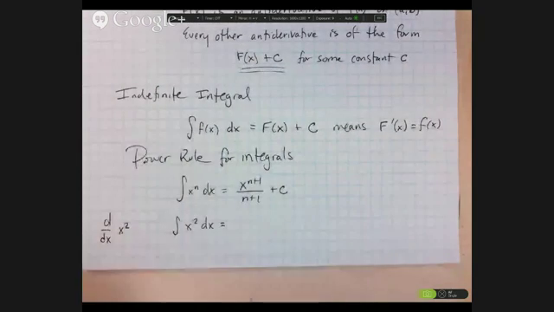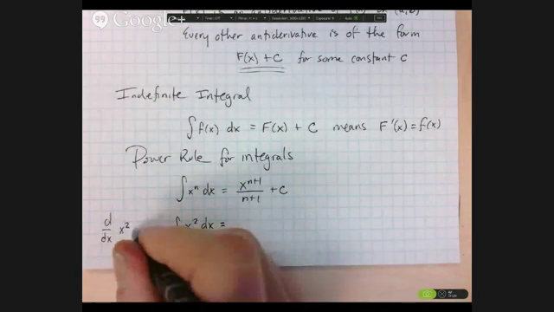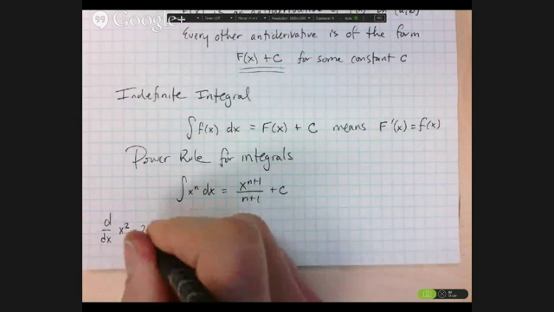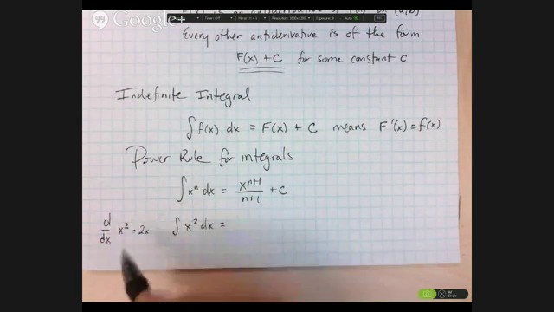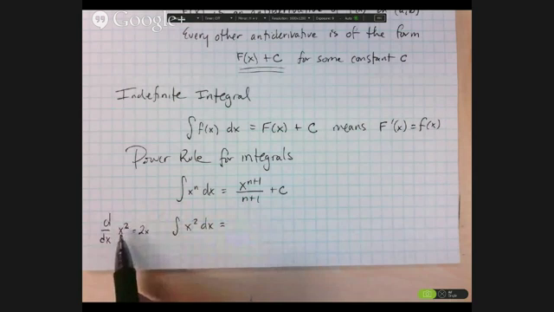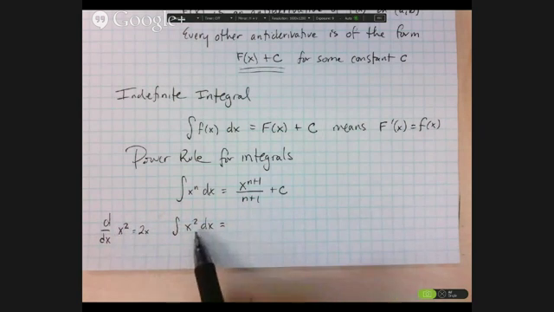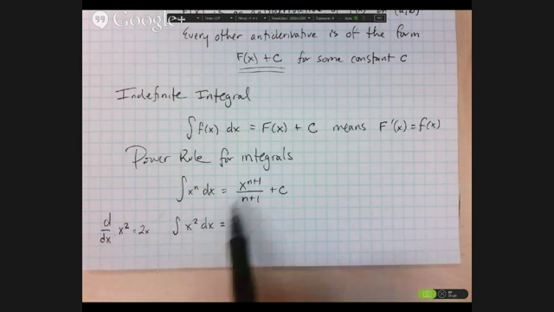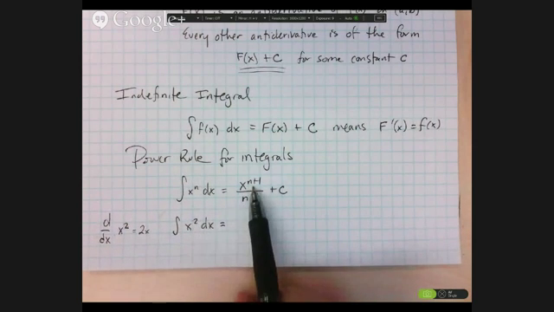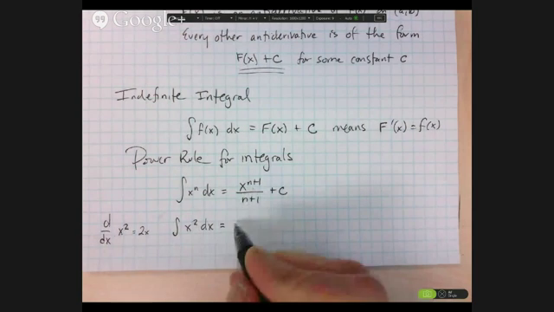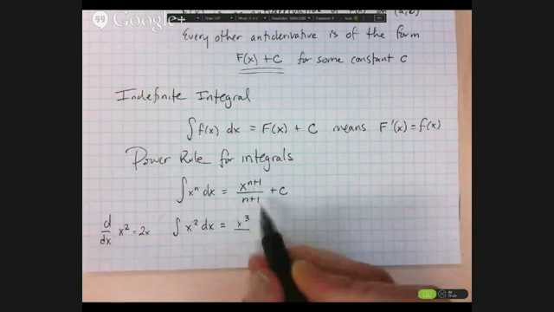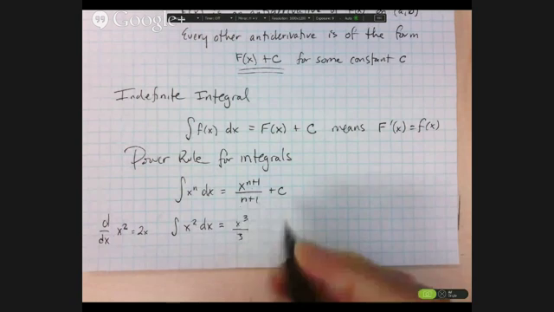Let me kind of make this easier for you. If I were to take the derivative of x squared, what do I get? Right, because I brought that down and subtracted one. For an integral, instead of subtracting one, I'm going to add one. So this is going to be x cubed, and then I'm going to divide by that number.